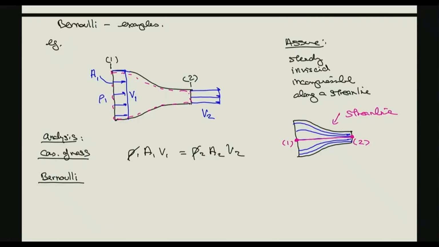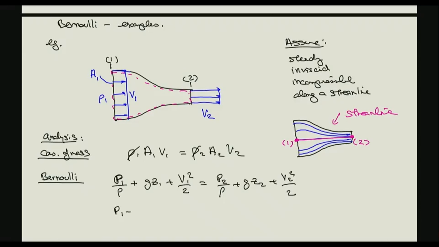Once we've identified the streamline and indicated the two points we're going to apply the Bernoulli equation to, we can apply it: P1 over rho plus g Z1 plus V1 squared over 2 is equal to P2 over rho plus g Z2 plus V2 squared over 2. Then, solving in general, we could evaluate the pressure change.